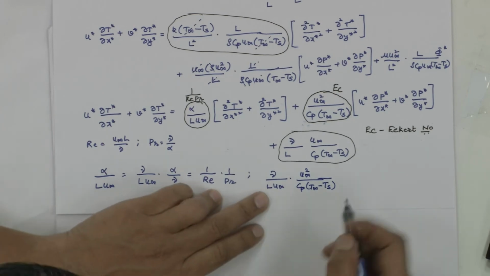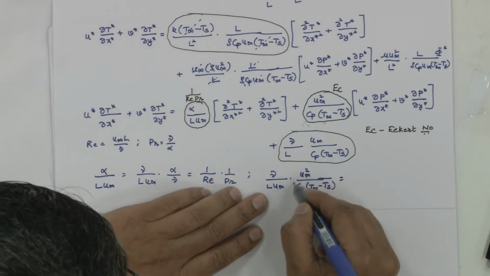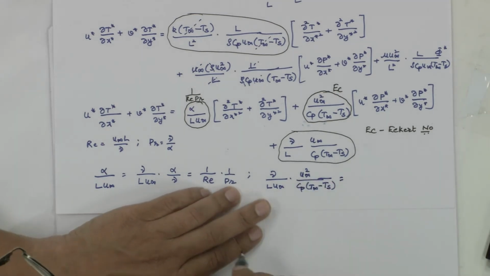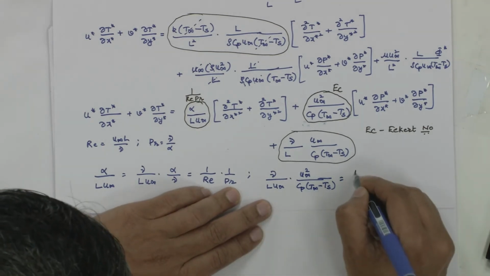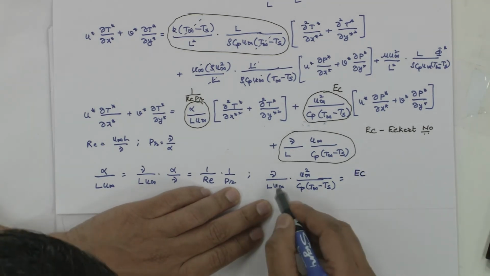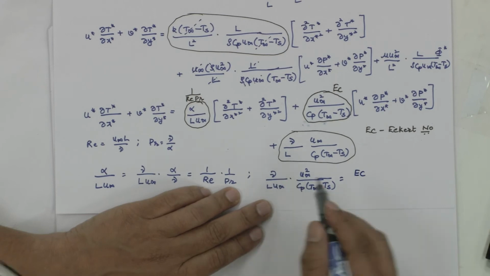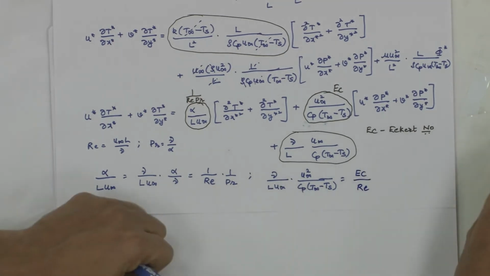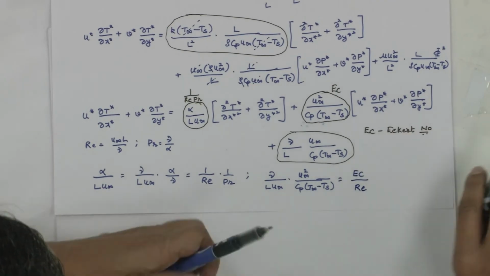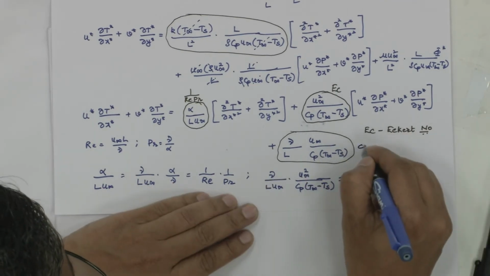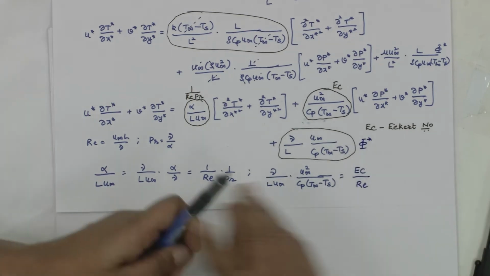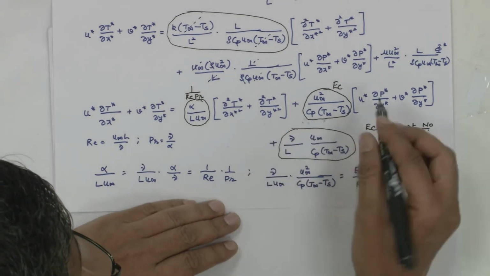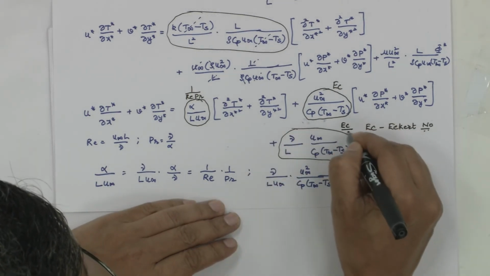That is equal to u infinity squared by Cp into T infinity minus Ts, which is nothing but my Eckert, and L u infinity by nu is nothing but my Re. So, whole of this into phi star, which was missing, is nothing but my Eckert by Re.